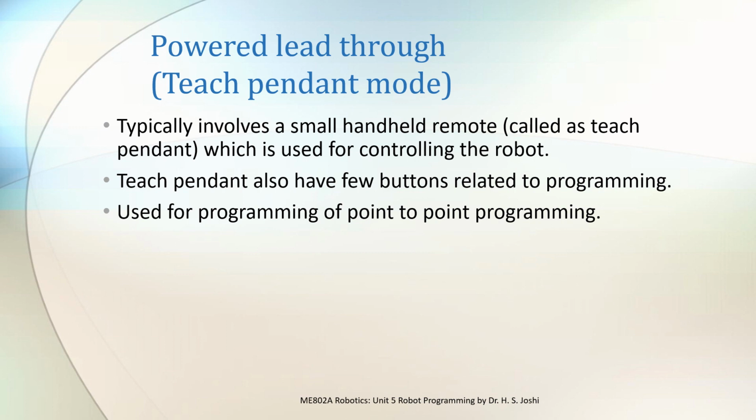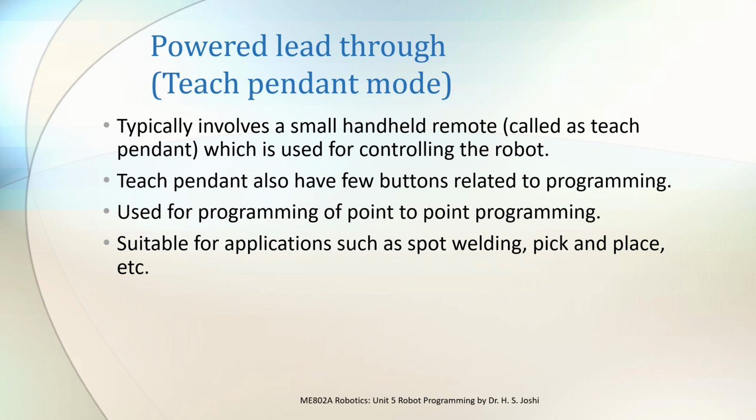The applications like spot welding, riveting, or pick and place type of operations, assembly type of operations. We may use this because only the final and the initial points are of our concern in this case, whereas the path which the robot is following is not a major concern in this type of applications unless and until it is a straight line path expected.